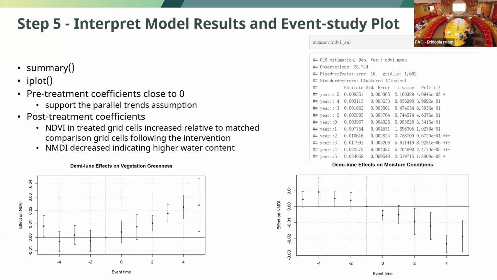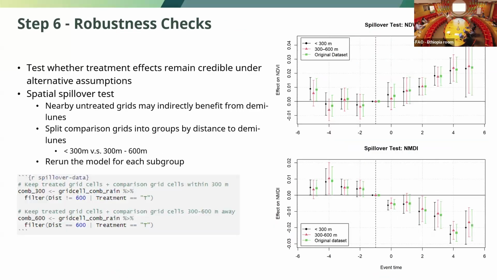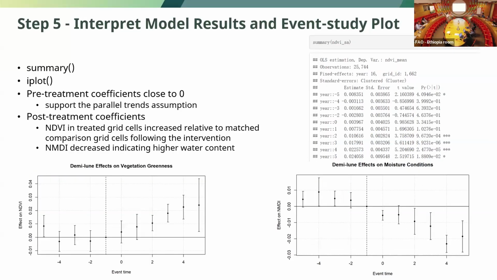So the coefficients actually represent the estimated differences in outcomes between the treated and comparison grid cells at a given event time. What it means is that it tells you if the outcome is smaller or bigger in our treated cells compared to our comparison cells.